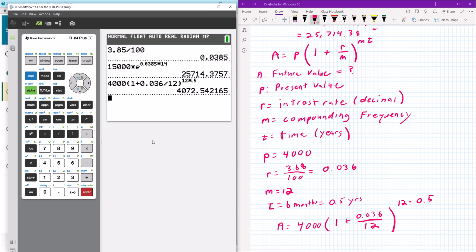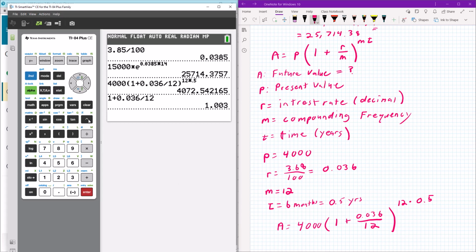Now, another way to do this, if you're more comfortable with it, is to do what's inside the parenthesis first. That would be 1 plus 0.036 divided by 12. We can raise this quantity to that particular power, because that's the next step in the order of operations.